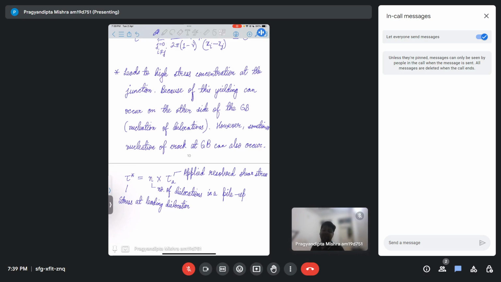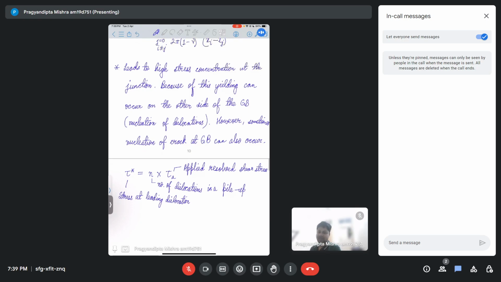So this equation will basically give us an idea of what kind of stress is present at the leading dislocation, which can lead to this high stress concentration and basically yielding. So if you want to get a figure, we can get it using that.